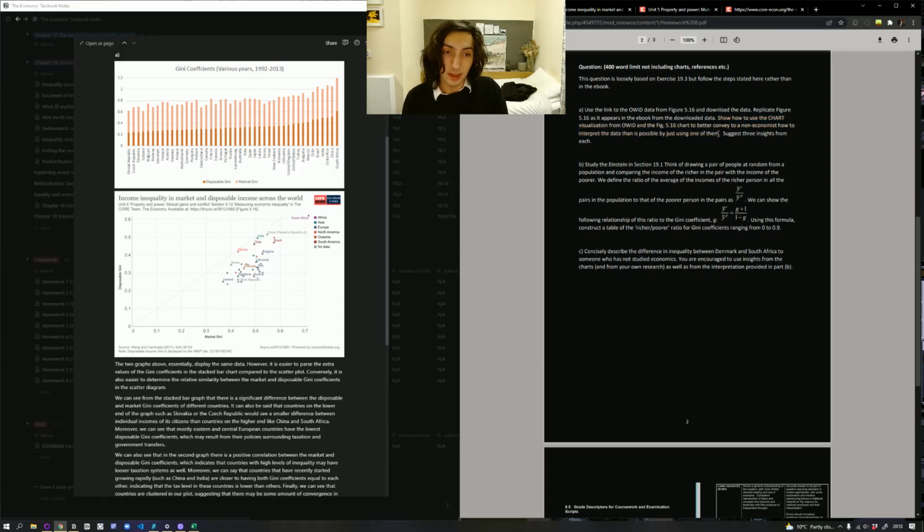What I think they mean is basically, why is it important that we have both of these graphs and not just one? What I said is that it's easier to parse the individual values of the Gini coefficients in the top one, and it's easier to show the relationship in the second one. That's what I did.